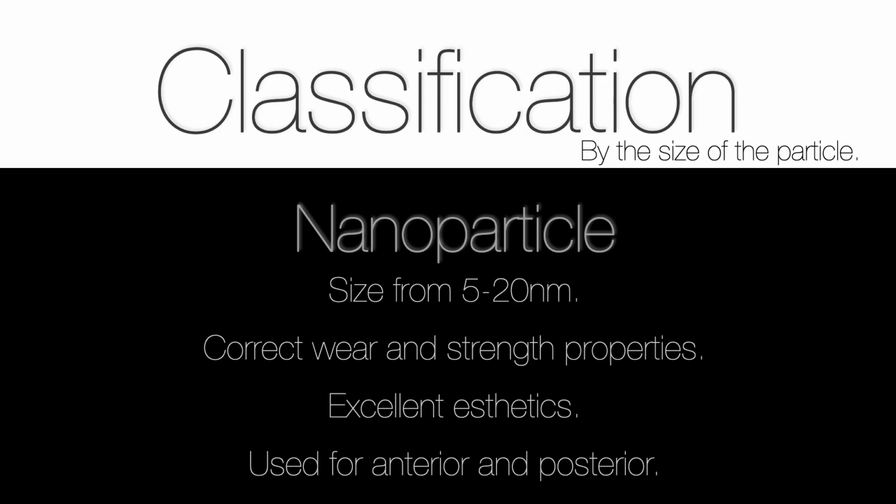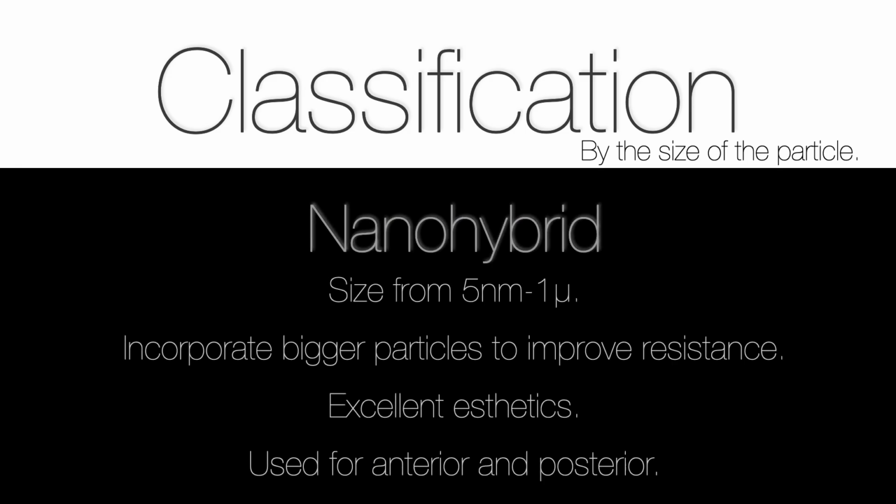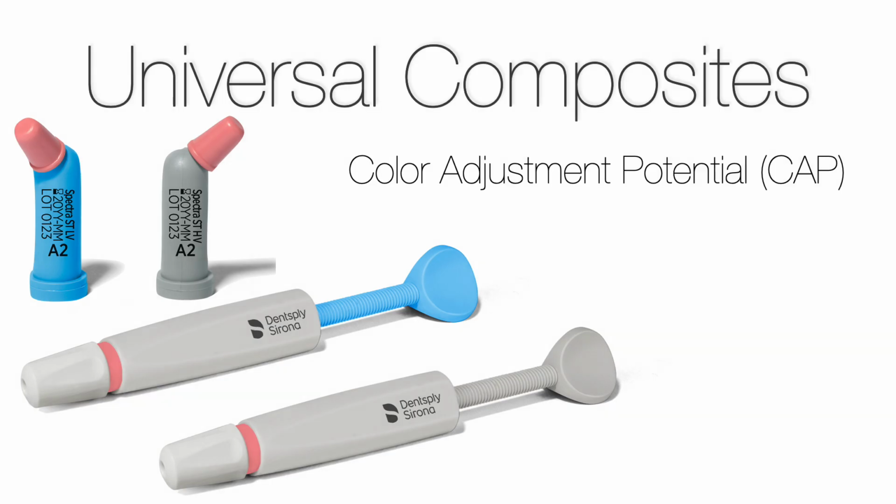So the strength and the wear were correct. We had excellent aesthetics because the particles were really small, and we could use it for anterior and posteriors. Getting better, they developed the nanohybrids, which is more or less the same, and it's the one that we normally use nowadays.